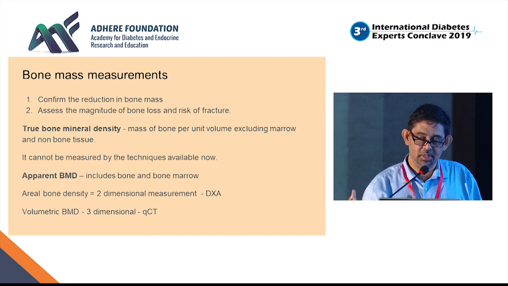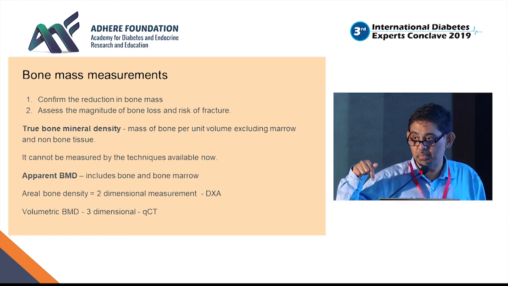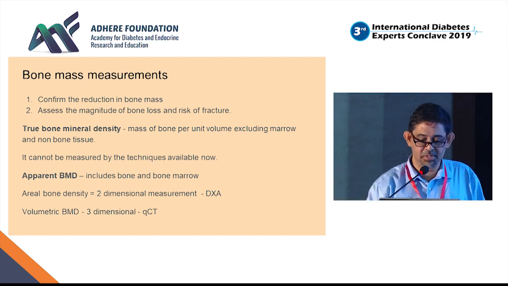Remember that whenever you are having a report of a DEXA, it is actually looking at the bone marrow as well. And there, the apparent bone mineral density, you can have an areal bone density. DEXA gives you a per square meter or square centimeter density, not a three-dimensional density.